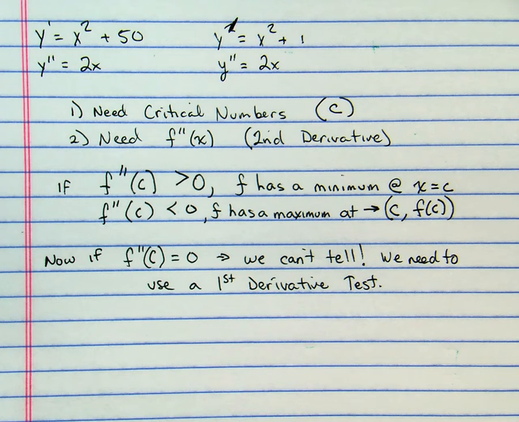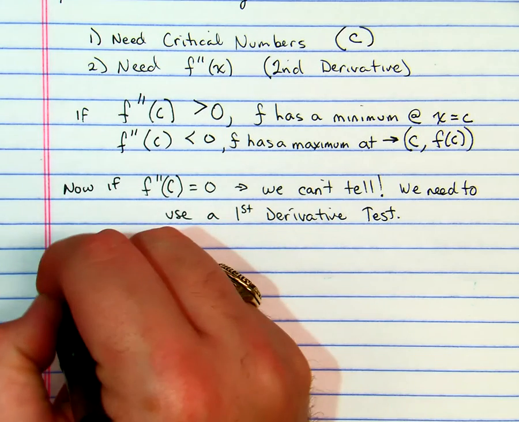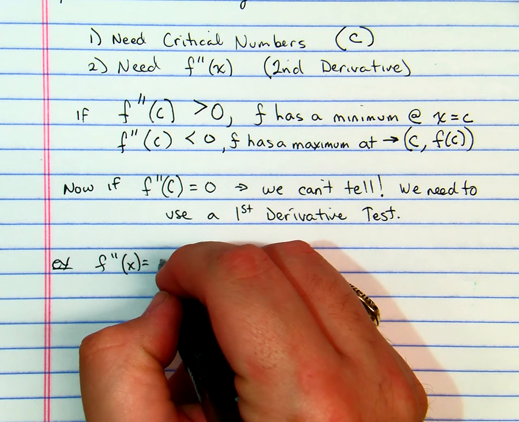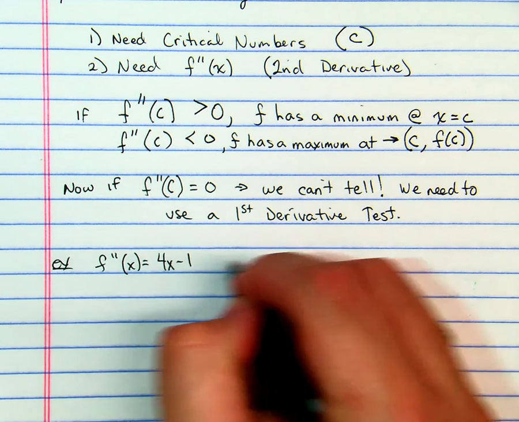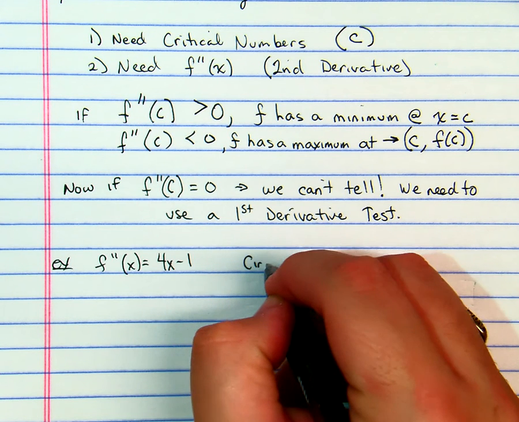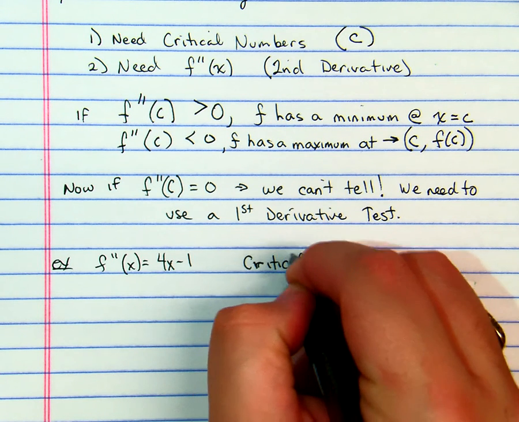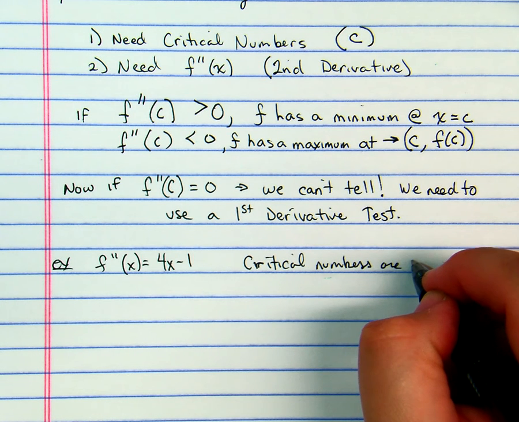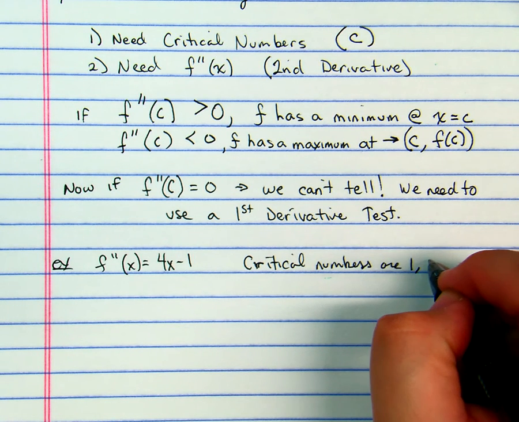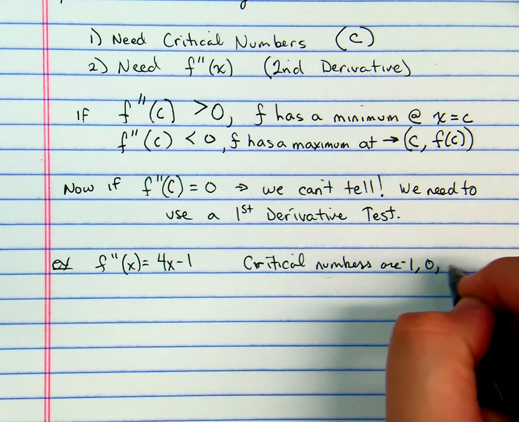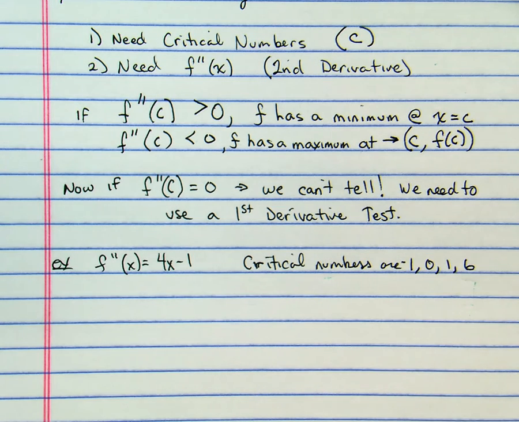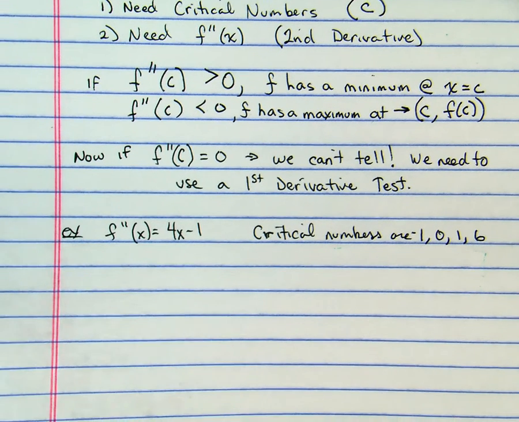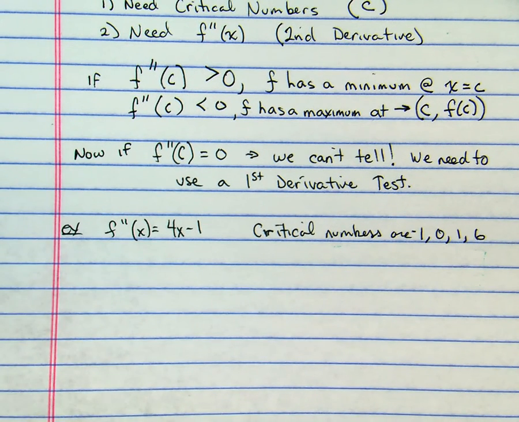Now, let's say I gave you the function f double prime of x is equal to 4x minus 1, and my critical numbers are negative 1, 0, 1, and 6. I'd hate to see the function that gave you those values. But, hey, there are functions like that all the time.